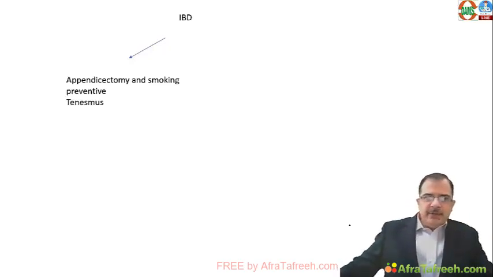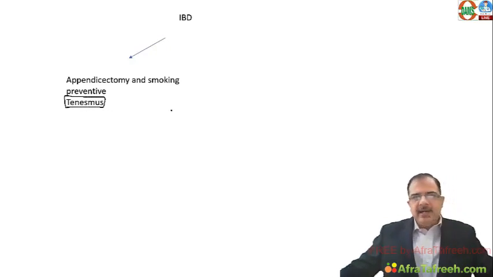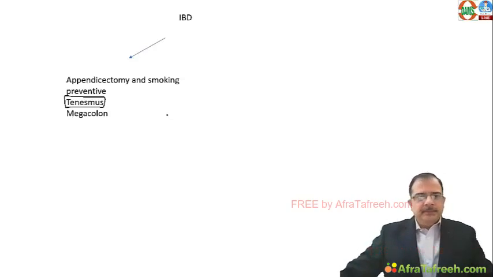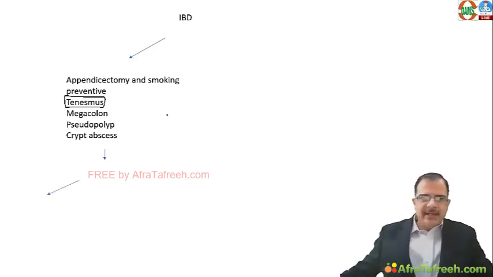The keyword you have to identify in the clinical case is tenesmus, due to rectal inflammation. Megacolon more suggests ulcerative colitis. Pseudopolyps in the biopsy go in favor of ulcerative colitis along with crypt abscess. So the diagnosis is ulcerative colitis, UC.